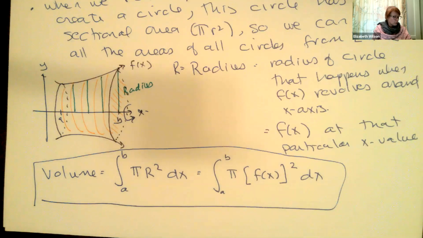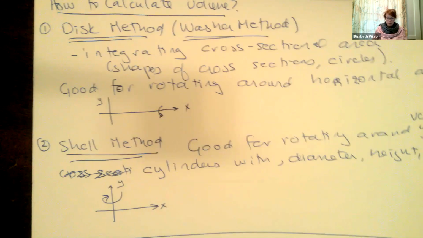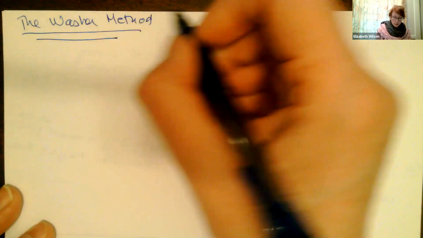Okay, so let's draw a picture to talk about the washer method. I like my pictures. All right, so the washer method. Okay, so I'll just write it down in words.